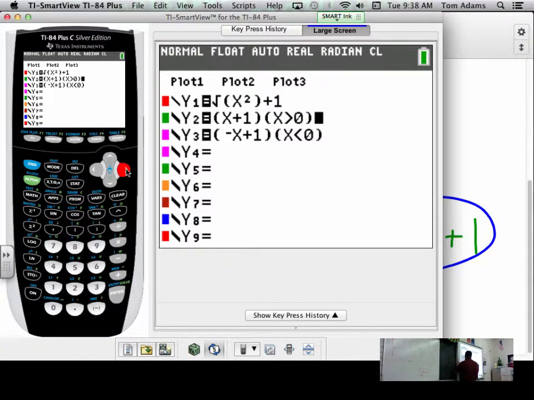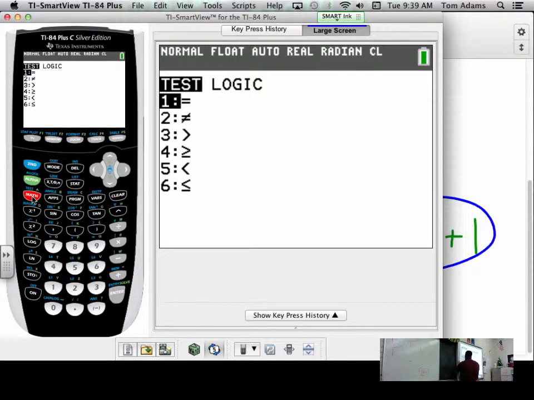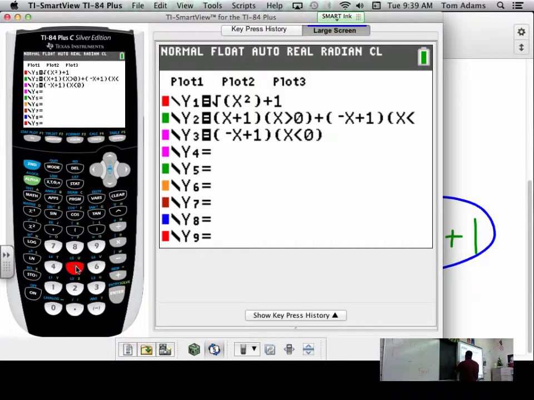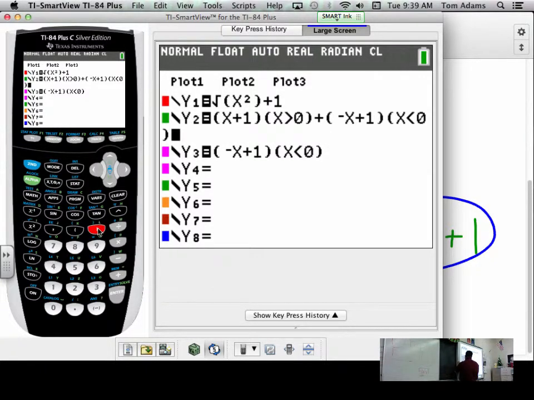So what I should have done is put the plus sign here, and then put in negative x plus 1, and then put the restriction of x is less than 0. Okay, so now that's that one.